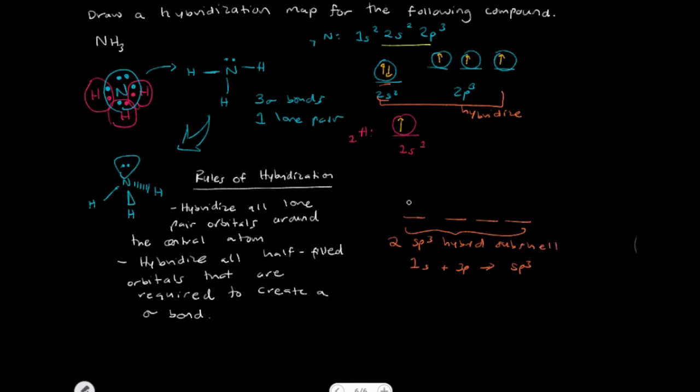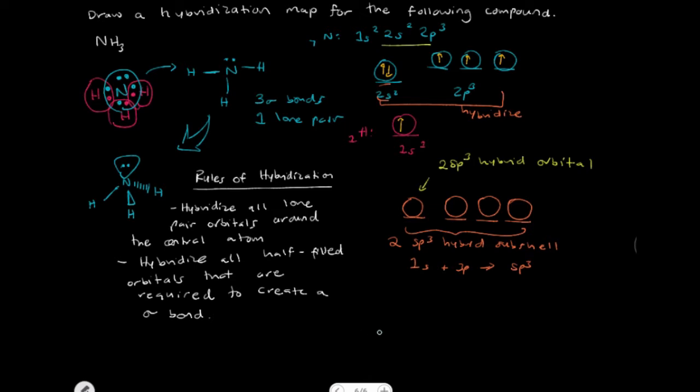Each orbital in that hybrid subshell is an example of a 2sp3 hybrid orbital. So this one orbital here is a 2sp3 hybrid orbital.